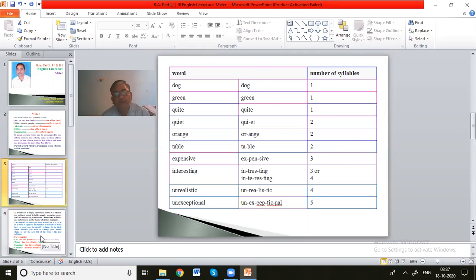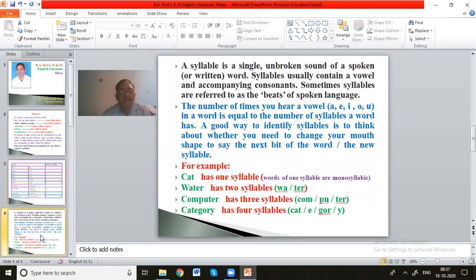Now let us try to give you a technical definition of the word syllable. A syllable is a single unbroken sound of a spoken or written word. Syllables usually contain a vowel and accompanying consonants. That is, there can be a consonant on the left side or right side, before or after.